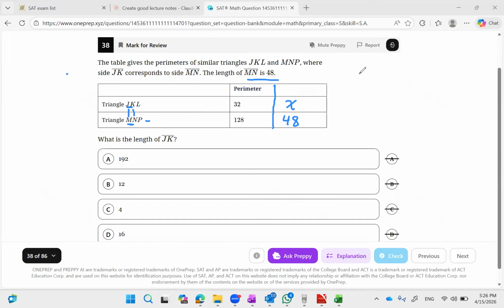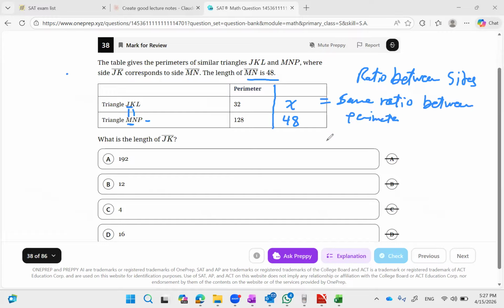Don't forget that the ratio between sides is the same or equal to the ratio between perimeters. Okay, so don't forget that, because we are going to change this later if I have an area.